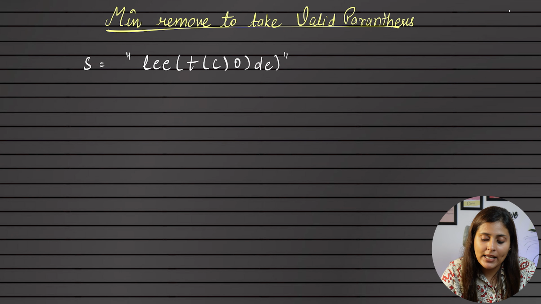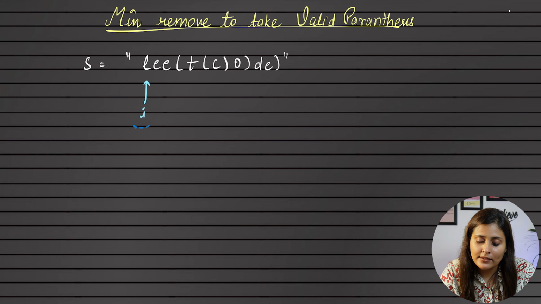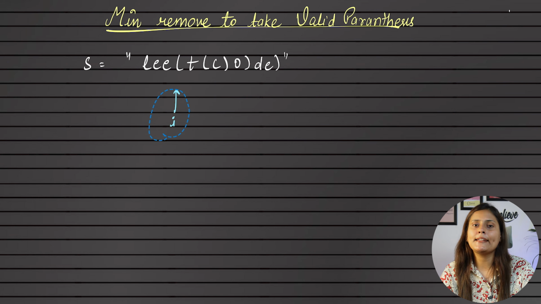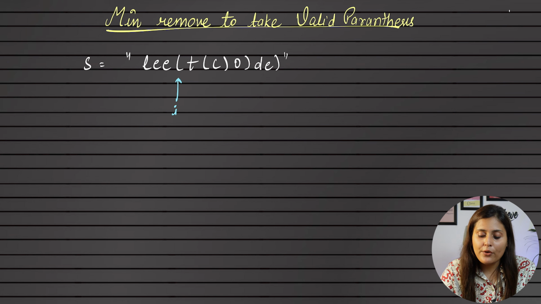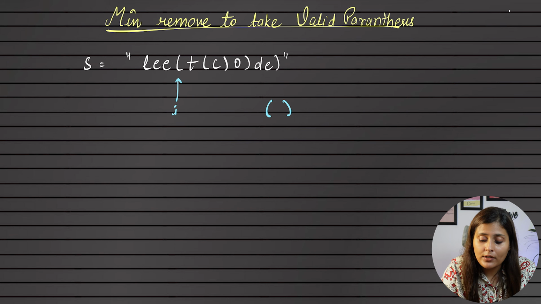I am sure when I start iterating with the help of an index, if that is a character, I won't do anything, and if that is a bracket, then I need to think. There can be two possibilities, either open or close. If it is open, don't you think I need to save it somewhere?